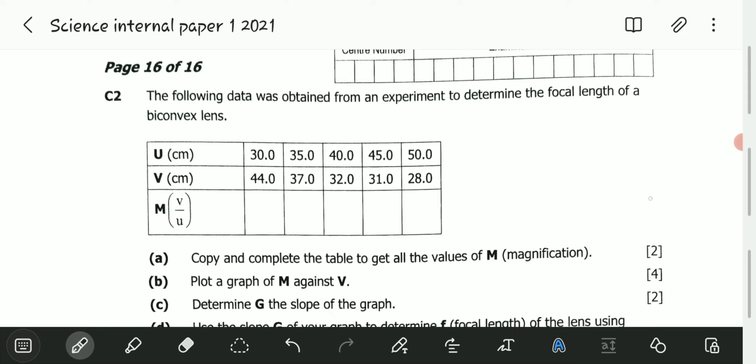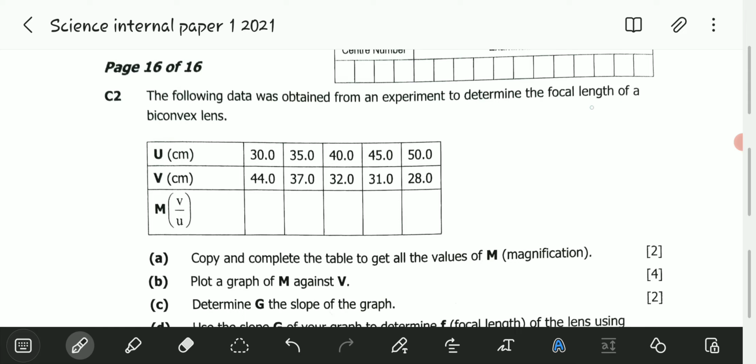All right. So, the question reads: the following data was obtained from an experiment to determine the focal length of a biconvex lens.